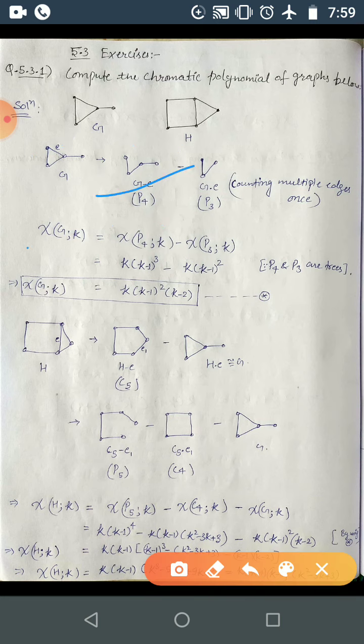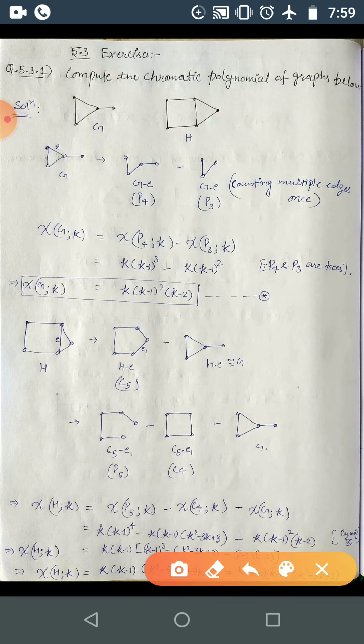So for P4 the chromatic polynomial is k into (k minus 1) raised to power 4 minus 1, that is 3, minus the chromatic polynomial of P3, which is k into (k minus 1) raised to power 3 minus 1, that is 2, correct?